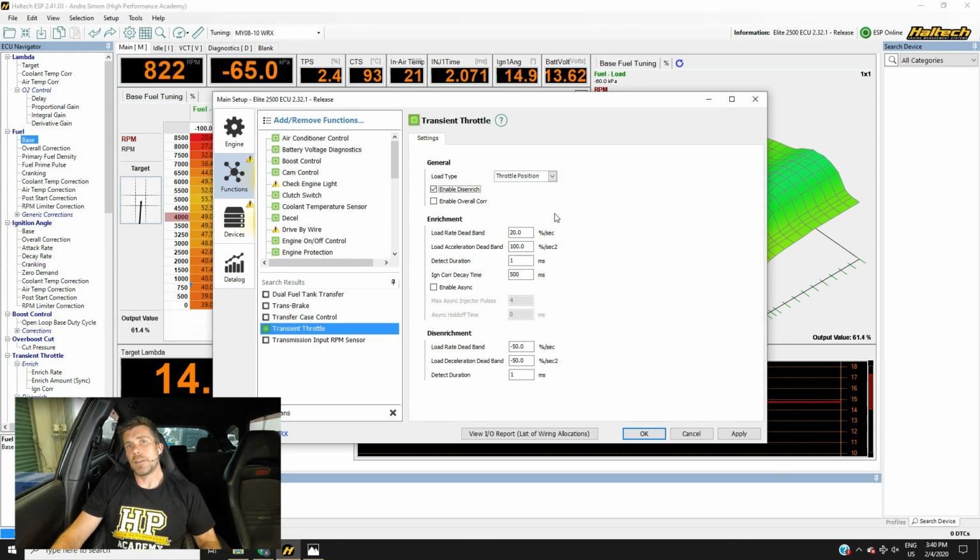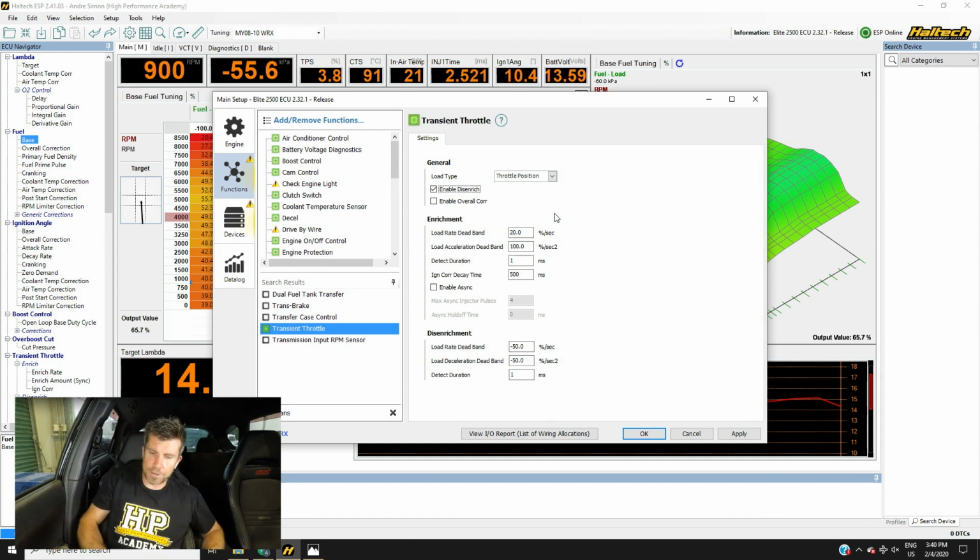And what this can give, if we've got the sensitivity set too high, basically under steady state conditions, we might be getting momentary hits of acceleration enrichment. So you might be wondering why under steady state conditions you're seeing erratic air fuel ratios. This can be why. It's always a good idea for this very reason to actually inspect or log your acceleration enrichment parameters, so you can see if you're getting uncalled for accel enrichment.